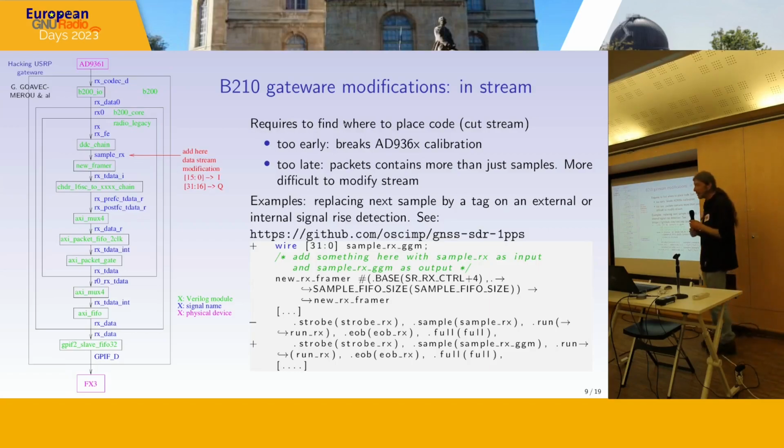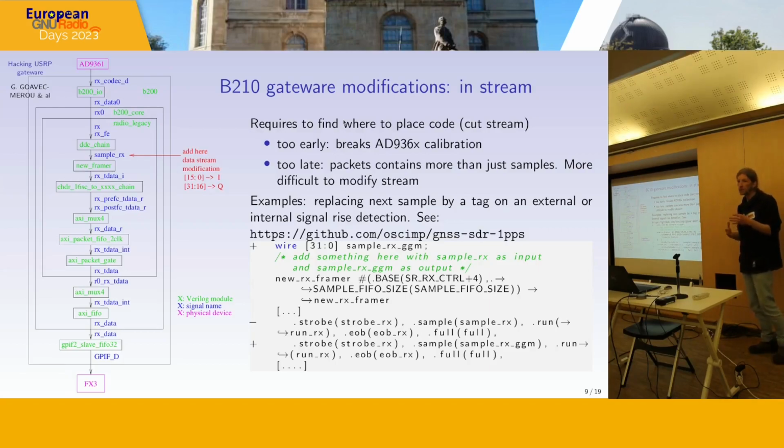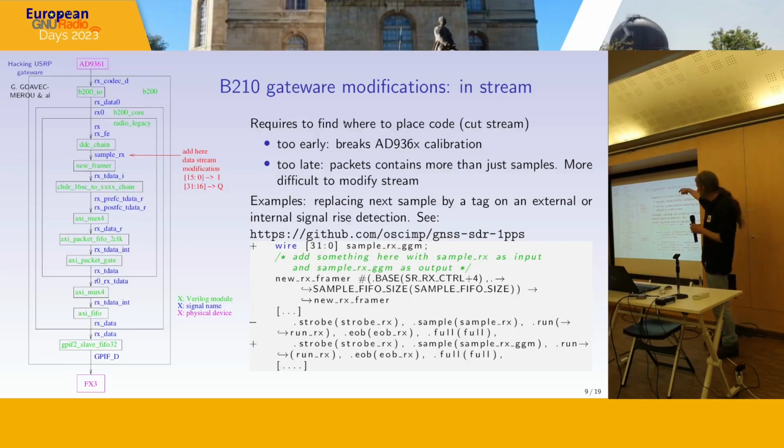And finally, too late: after this position, the packets are modified and a lot of information is provided. So it's more complex to integrate something. Here you just have the I and Q samples. It's too complex to modify the stream after this location.